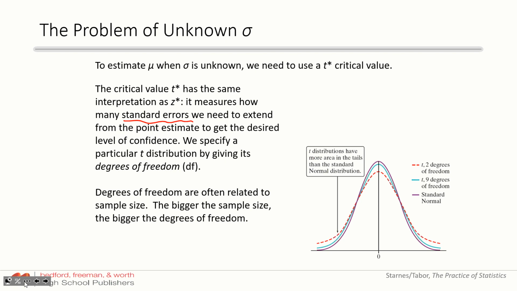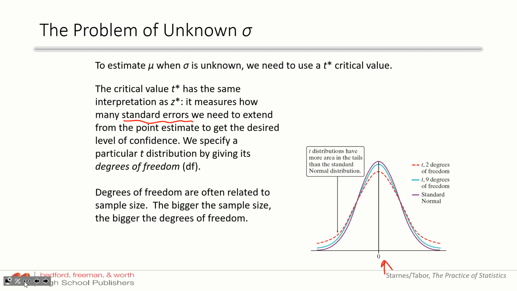And because I'm using the S value to approximate sigma, it's not a standard deviation, it's a standard error. So anyway, it's how many standard errors we are from the point estimate to get the desired level of confidence.